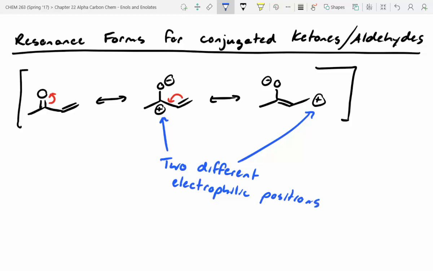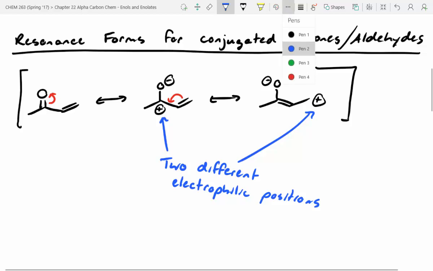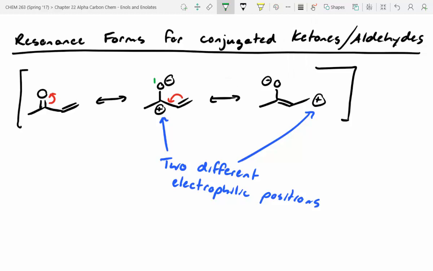So this is pretty similar to the 1,2 versus 1,4 conjugate systems that we saw before. In this case, we start numbering at the oxygen, and we'd say 1, 2, 3, 4. The one on the left, where the positive charge is on the carbonyl carbon, if your nucleophile attacks that carbon, it would be 1,2 addition. And if it attacks the carbon on the far side, it would be 1,4.